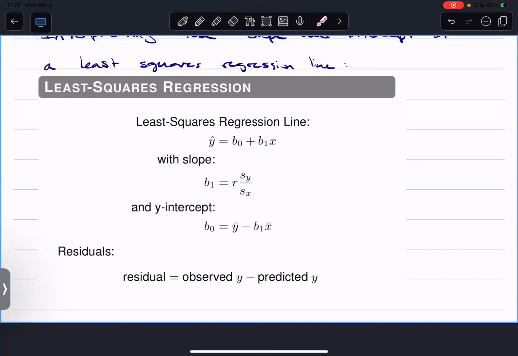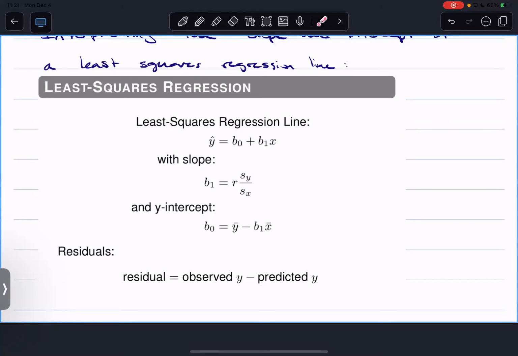Okay, so if we have a least squares regression line, y hat is b0 or b naught plus b1 times x, then b1 has to be the slope, and I even guide you there, right, with the slope b1. So even if you don't have to calculate the slope, if I give you the regression line, you can figure out that the slope is b1, whatever's attached to the x, if you're totally blanking, right?